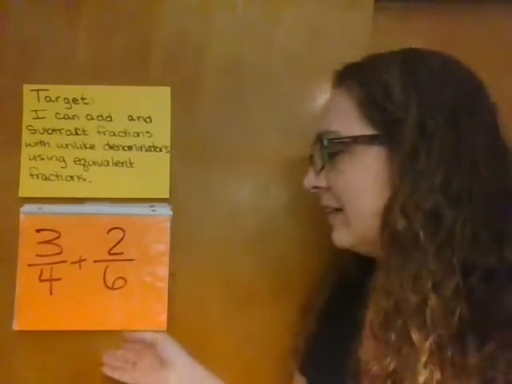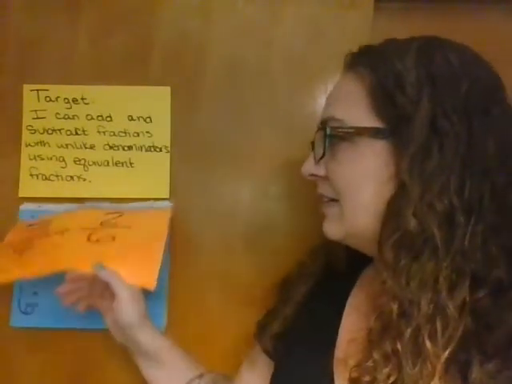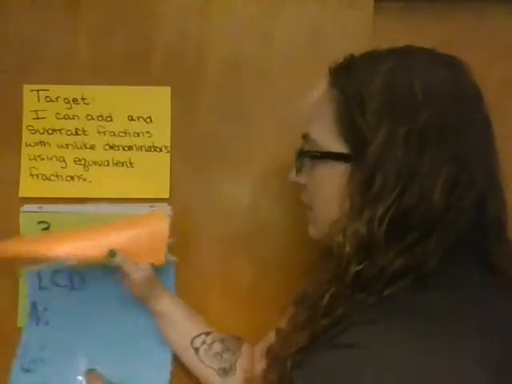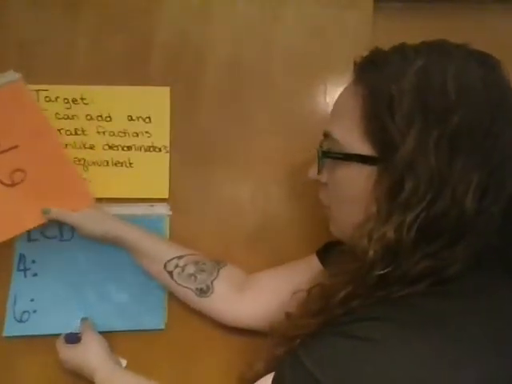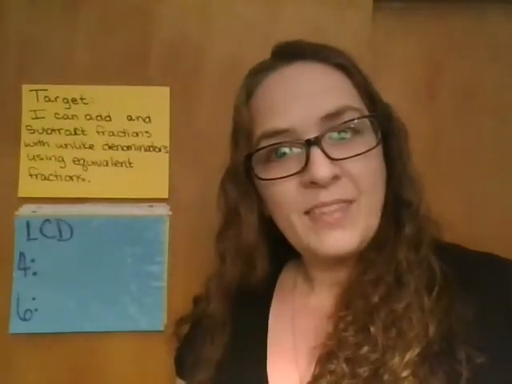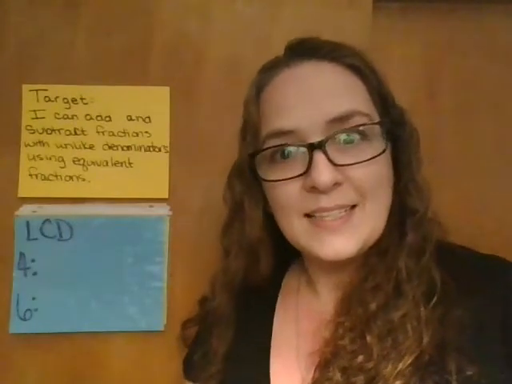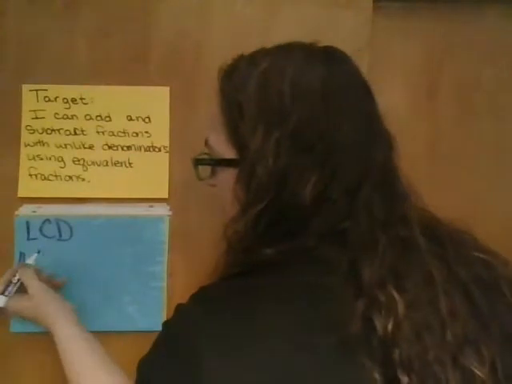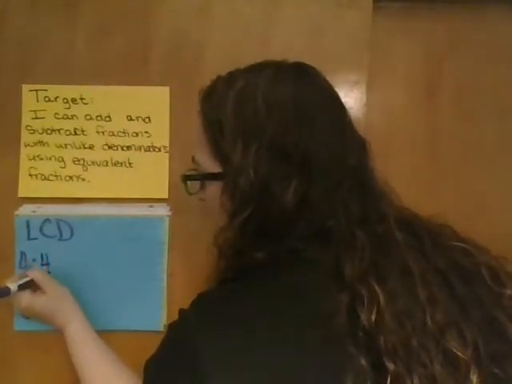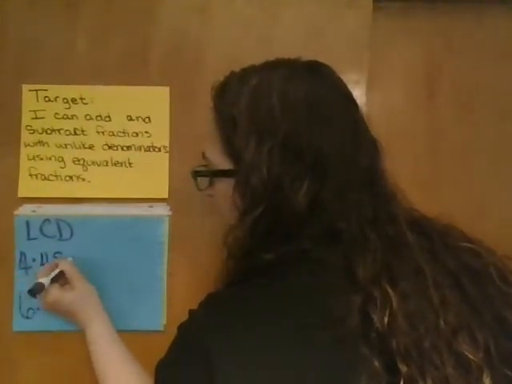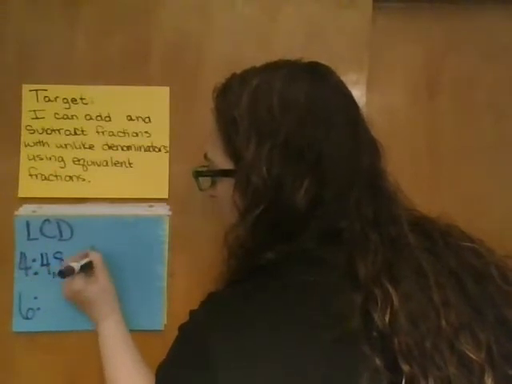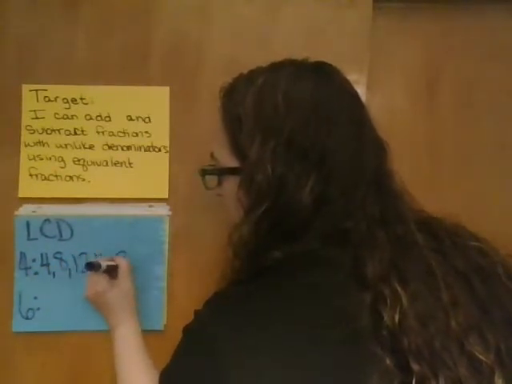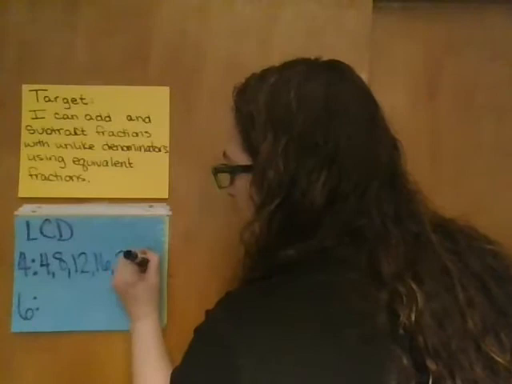In order to do that, you need to get the LCD of those two denominators. So we are going to list the LCD of 4 and 6. So with that, we are going to go ahead and list the multiples. So we have 4, 8, 12, 16, 20, 24.